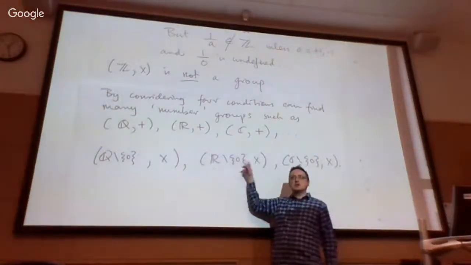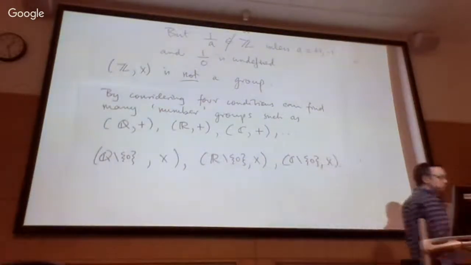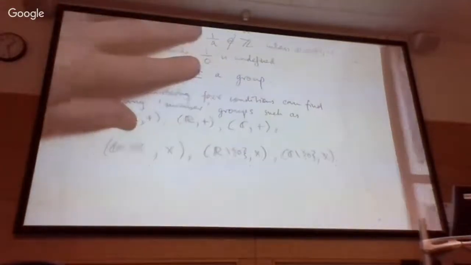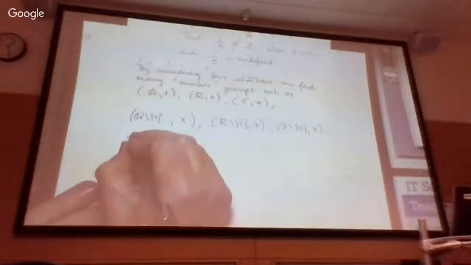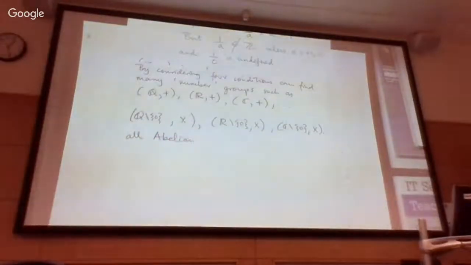And the number -1 is its own multiplicative inverse. Sometimes elements can be their own multiplicative inverses. And all these groups are abelian. These operations, addition and multiplication of numbers, we're very familiar with the fact that those are commutative operations.